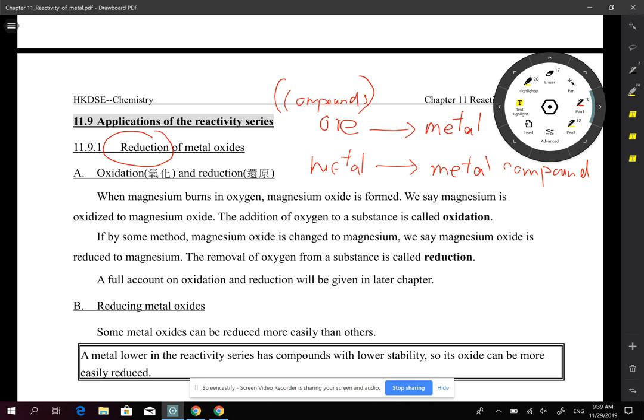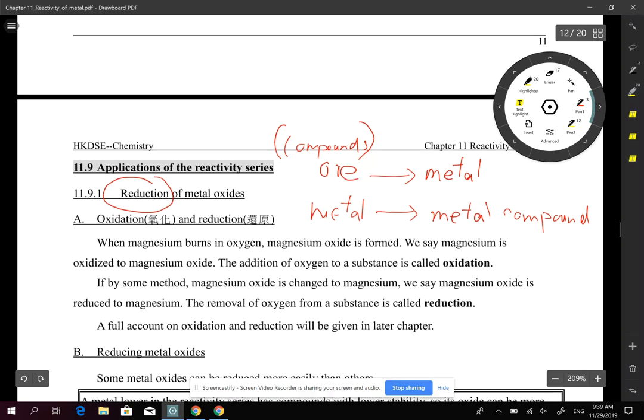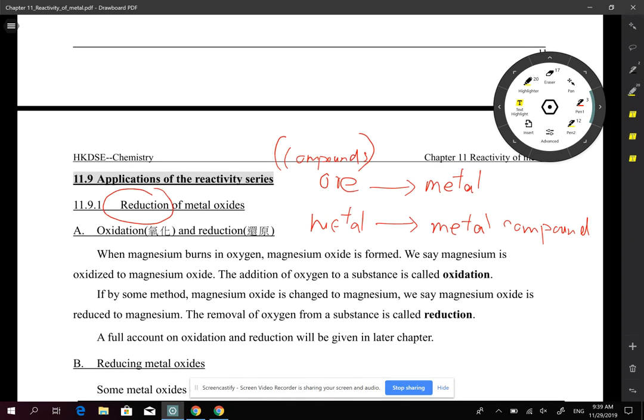Ores to metal. So in the study of chemistry, at the start, the first reaction we name as reduction. Reduction means that the compound of metal forms back to metal. And the second reaction, we name it as oxidation.